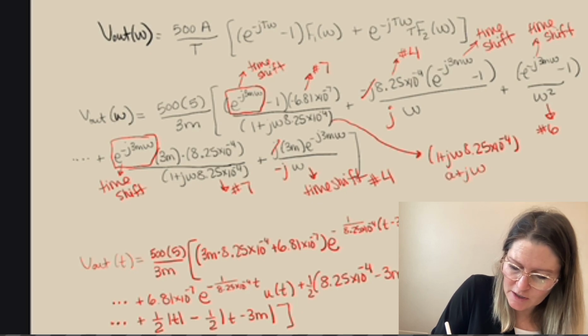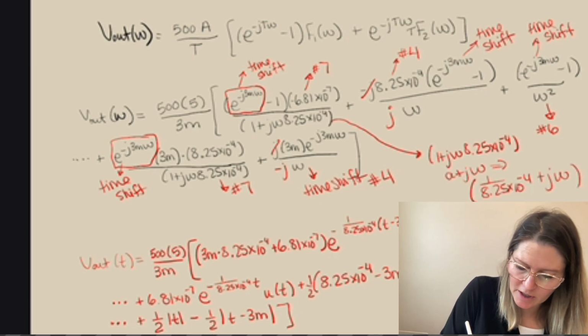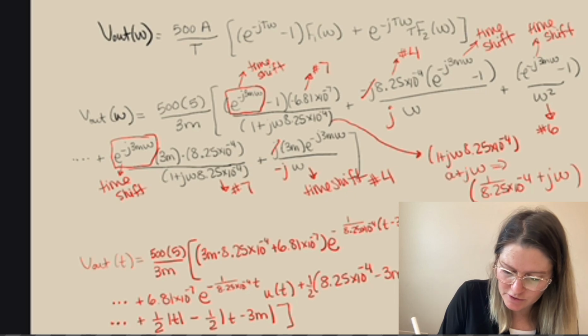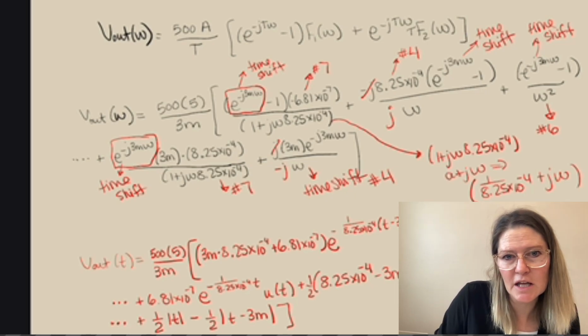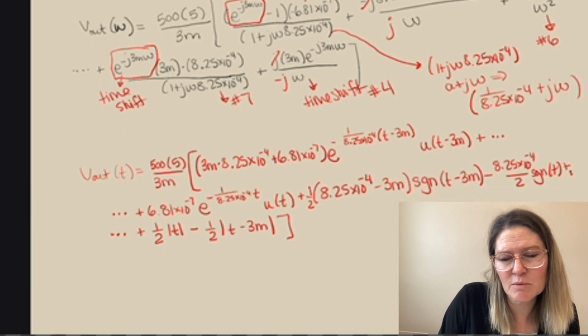And so a plus j omega, in this case, will become 1 over 8.25 times 10 to the minus 4th plus j omega. And so that's why I end up with a minus 1 over 8.25 times 10 to the minus 4th. And then it shifts by 3 milli, so t minus 3 milli, u of t minus 3 milli.